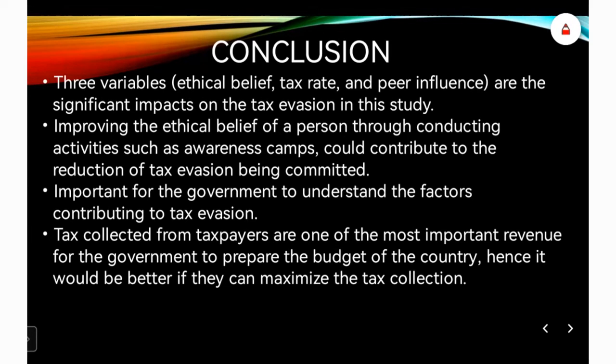It is important for the government to understand the factors contributing to tax evasion, because tax from taxpayers is one of the most important revenues for the government to prepare the budget of the country. Hence, it would be better if they can maximize the tax collection.